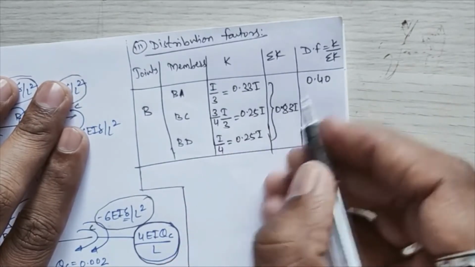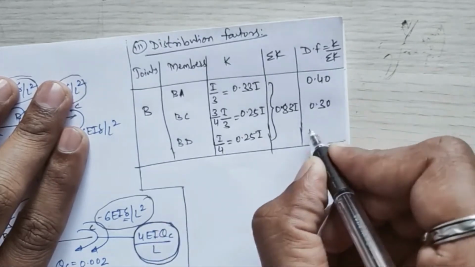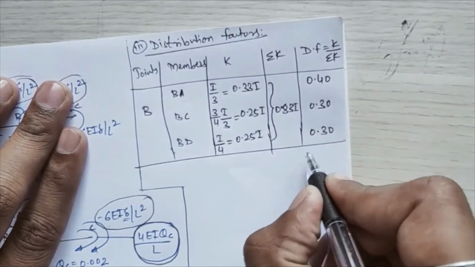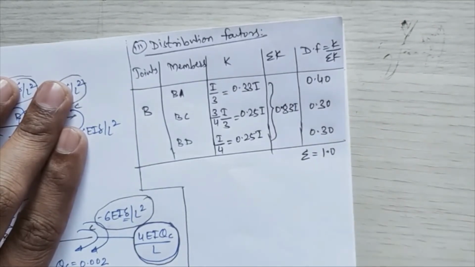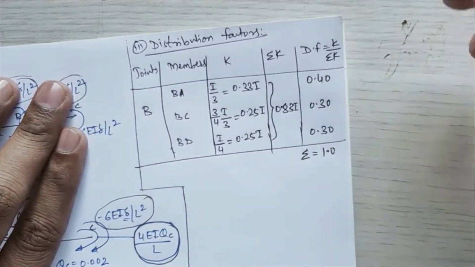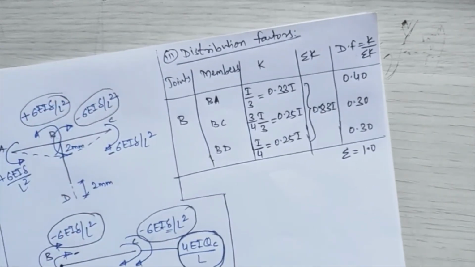Then 0.25 upon 0.83 comes equal to 0.30, and this again comes equal to 0.30. So if you see, the summation of these 3 values, that is DF at every joint, shall come equal to 1. 0.4 plus 0.3 plus 0.3 comes equal to 1. So your distribution table is done, that is, the distribution factors you have calculated.